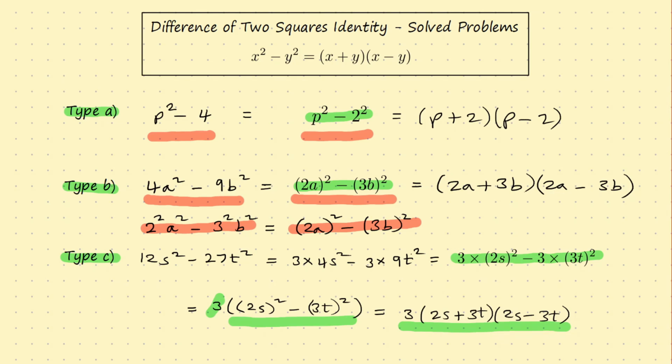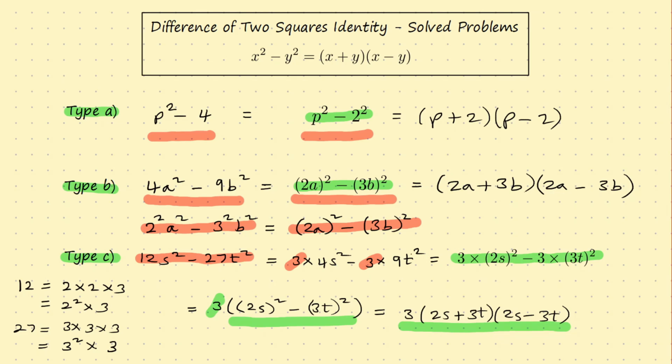Such a problem will be given to us in the unfactorized form 12s squared minus 27t squared. And we have to notice somehow that there is a common factor of 3 that can usefully be taken out of each of the two terms.